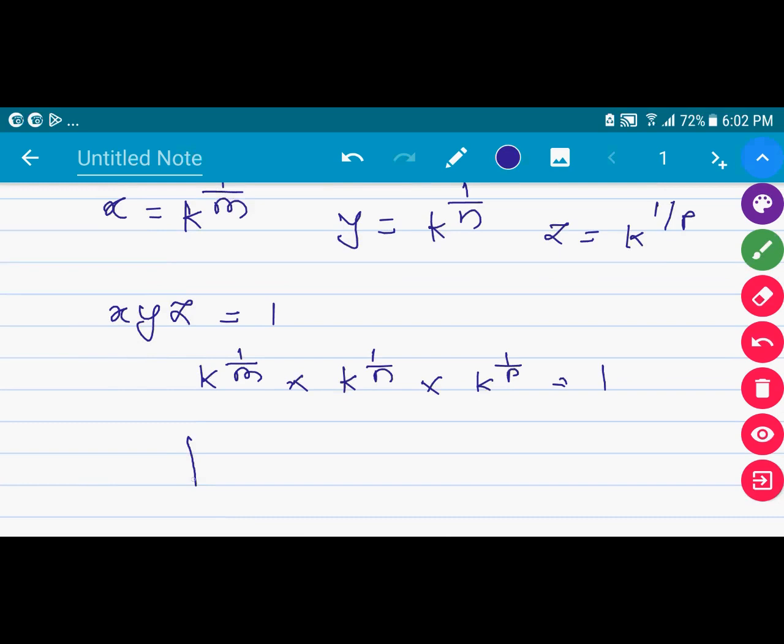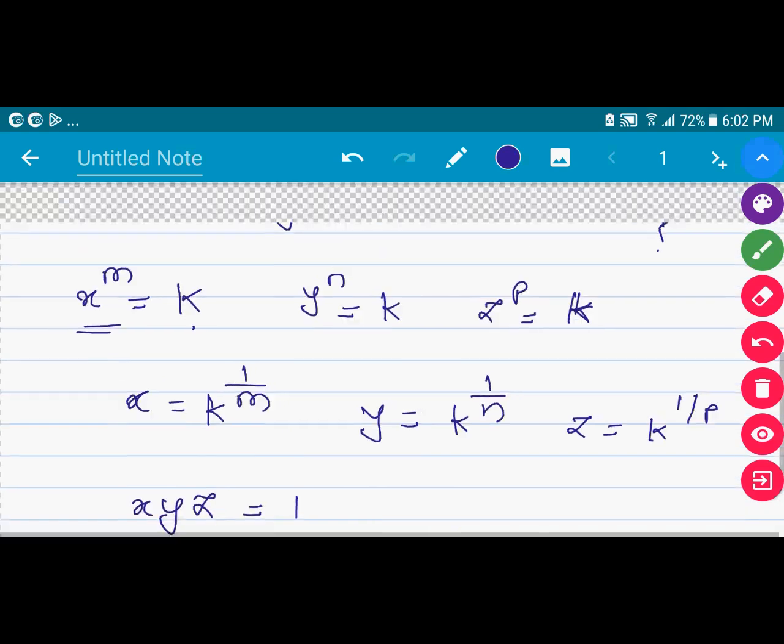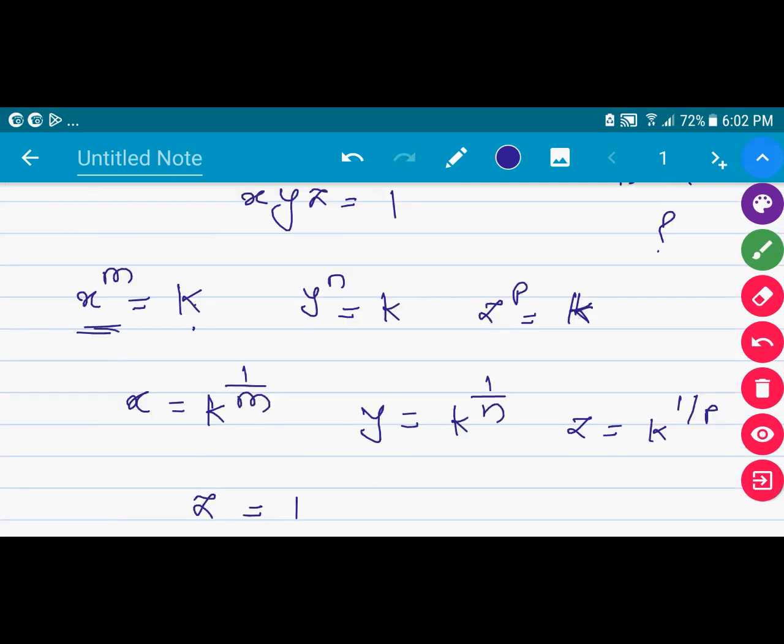I replaced the values of x y z. Here you may be confused about why I did it like this. x raised to m is equal to k, so why is x equal to k raised to 1/m? I will show you.